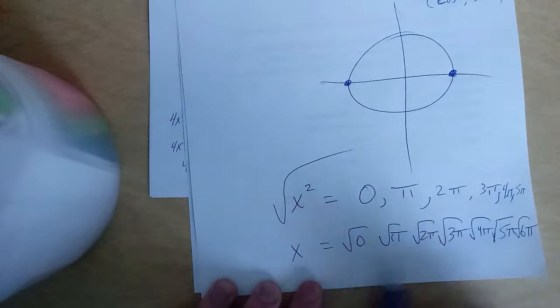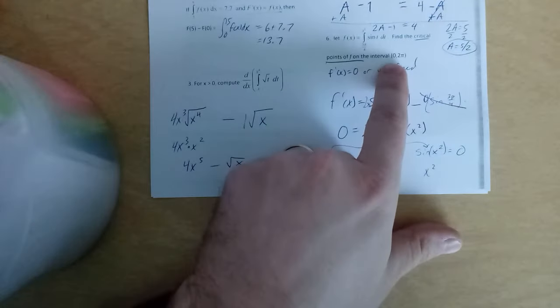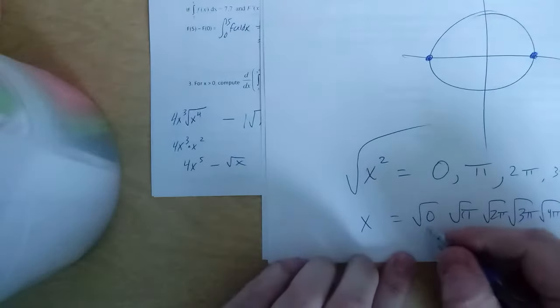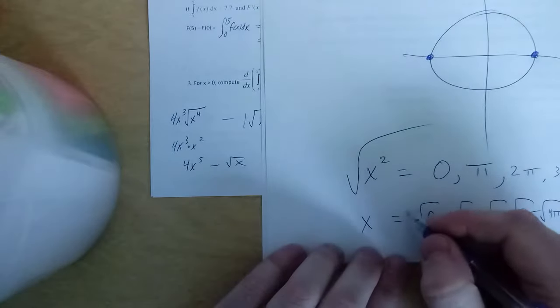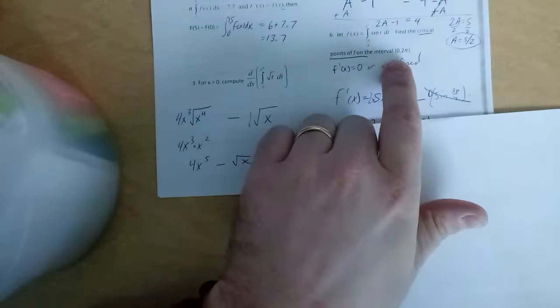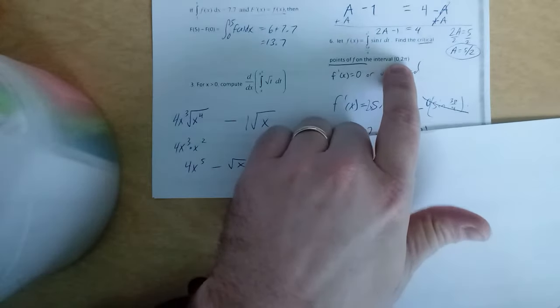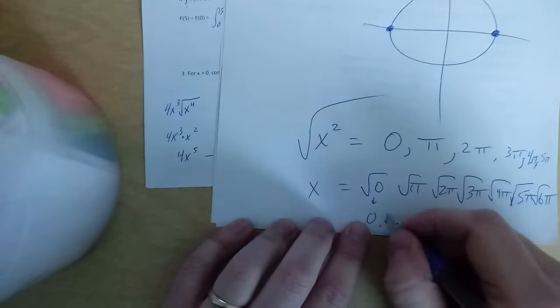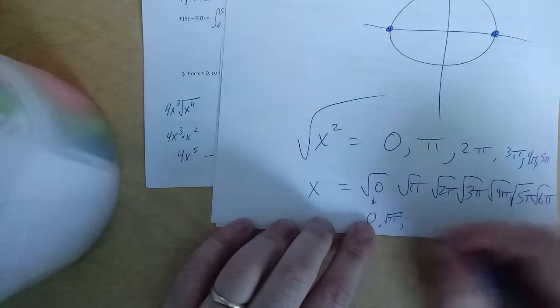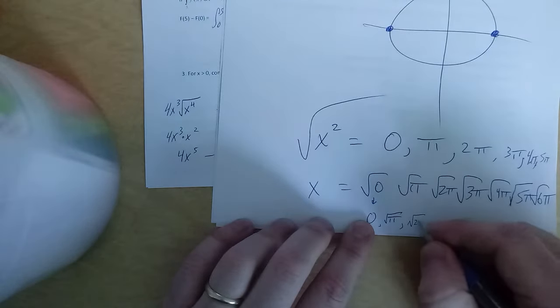And then we have to figure out which of these fit our interval, and our interval was 0 to 2 pi. Well, let's see. Square root of 0 is 0. These all could be plus or minus, but we're stuck from 0 to 2 pi, so the fact that they could be plus or minus is irrelevant because negatives don't matter. Square root of pi, yep, that's good. Square root of 2 pi is under 2 pi, so that's good.